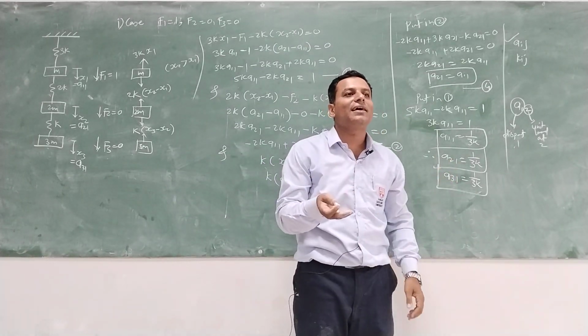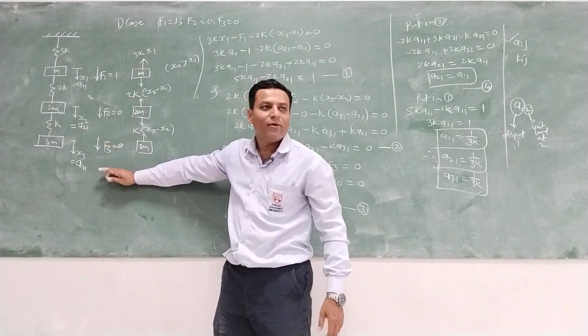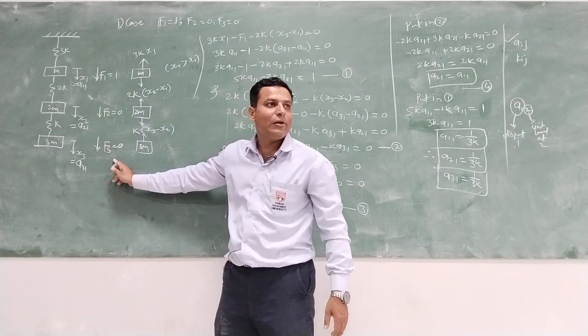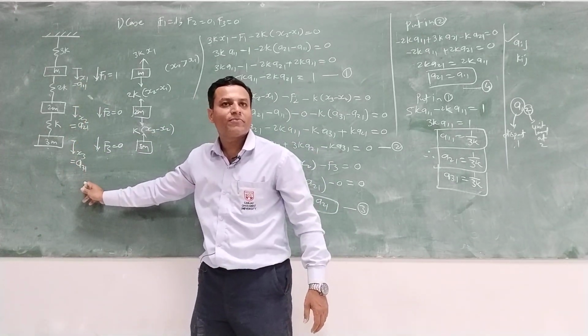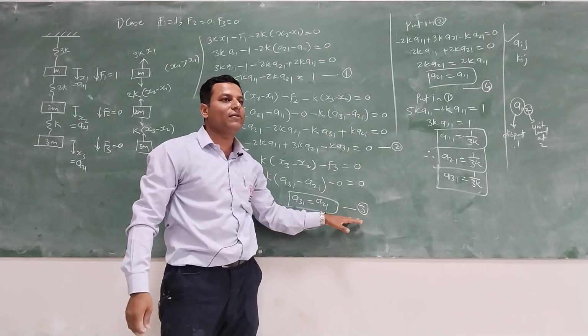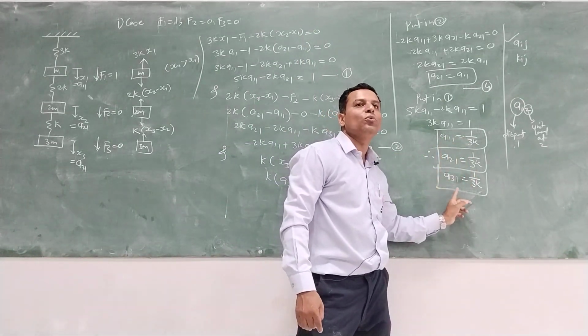Now what will we do in the next case? We keep this FBD the same. We will just change the values of forces, and just x1, x2, x3 will change, and again we will write the equation to get A21, A22, A23.